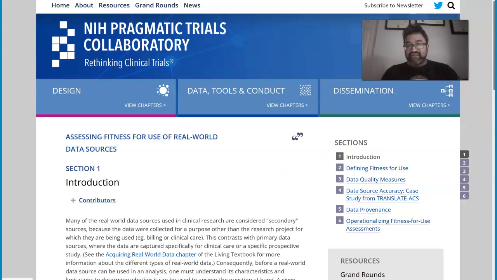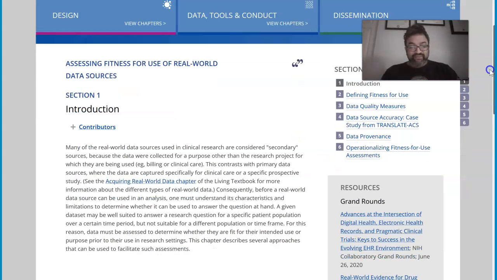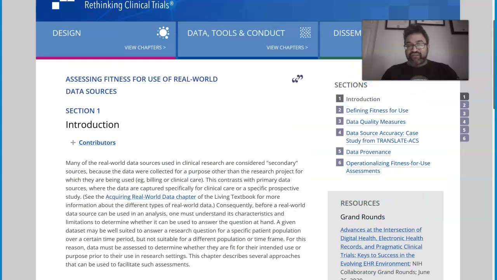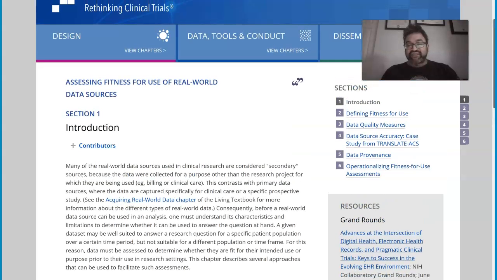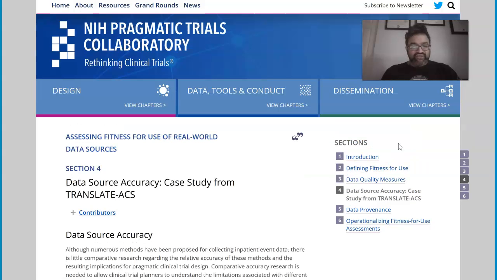You might need different permissions or contact people, or it might be readily available from secondary datasets. So this goes into a little bit more about that. And then you go into the Translate ACS case study.